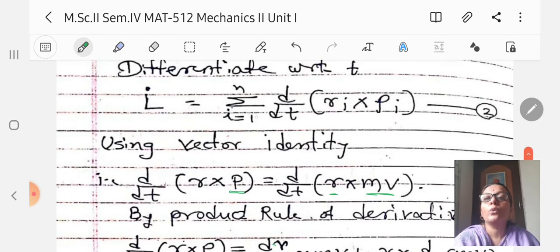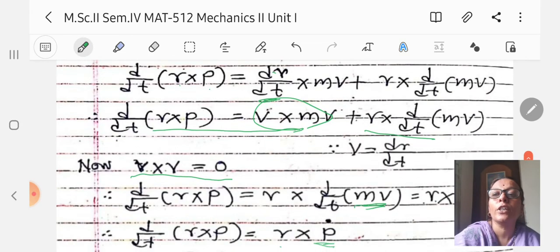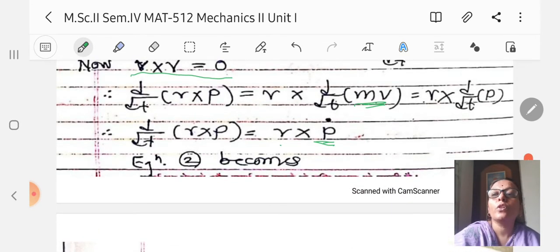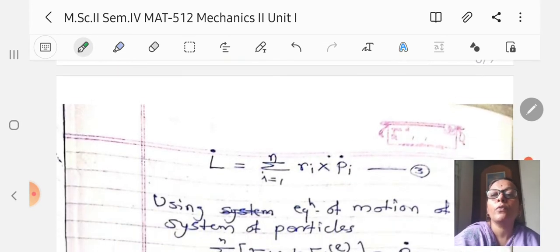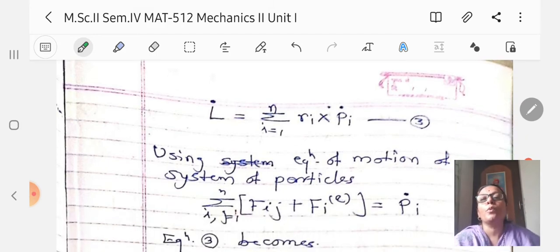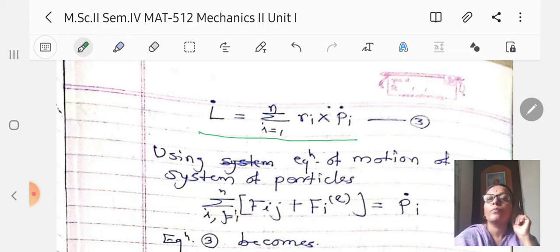L dot equals summation i from 1 to n of d by dt of r i cross p i. In this product rule, the first term gets cancelled. Therefore we get L dot equal to this, which was for the first particle, and we write here for n particles, that is a system of particles: L dot equal to summation i from 1 to n of r i cross p i dot.